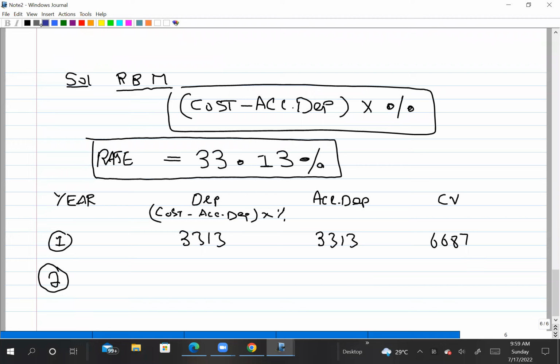The depreciation will be 2,215. And the accumulated depreciation now will be 2,215 plus 3,313, 5,528.